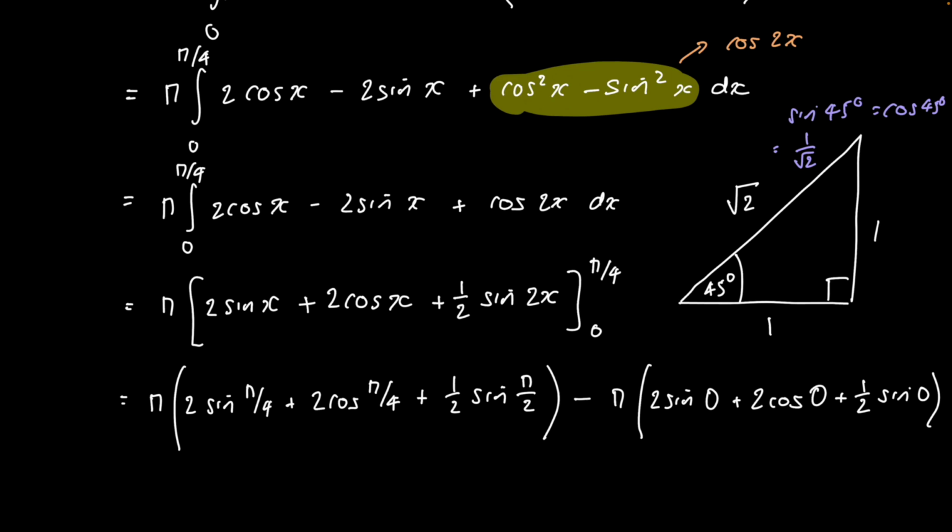I like to remember them in degrees just because radians in my brain don't agree very well, but obviously when we're doing calculus, everything needs to be in radians. But remember, pi over 4, same as 45 degrees.